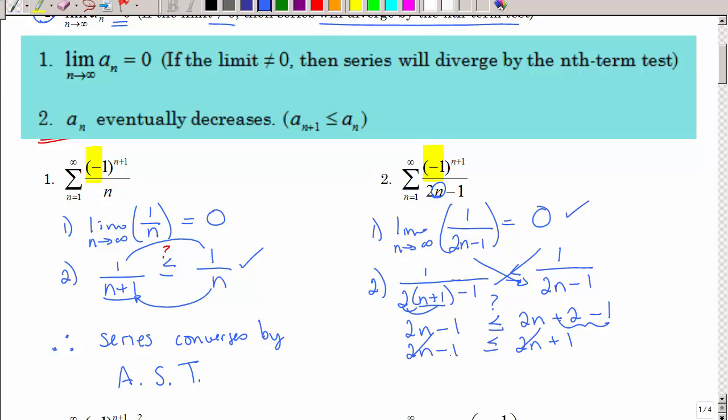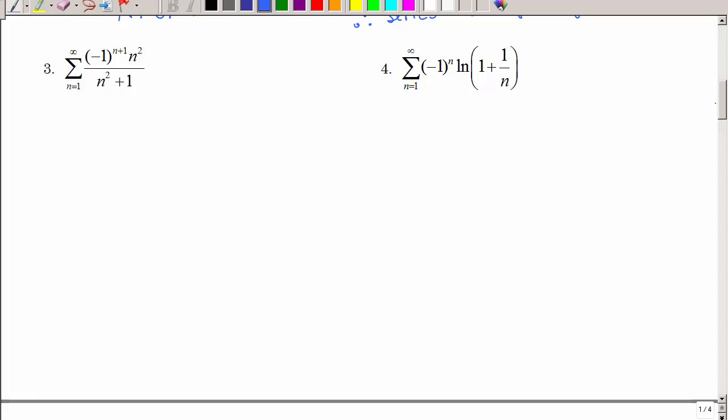And of course, -1 is smaller than +1, so the second condition is met as well. So once again, we can say the series converges by the alternating series test. Not difficult. Let's look at 2 more examples that look a little bit harder.